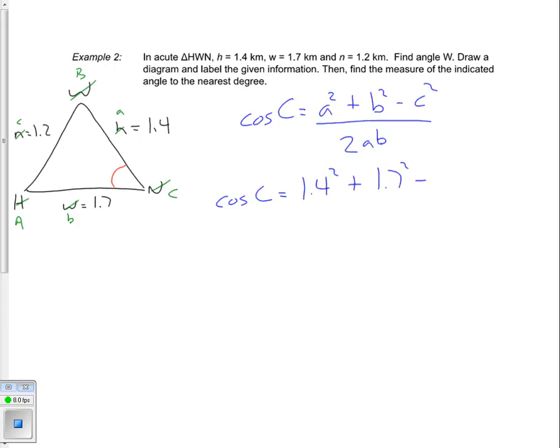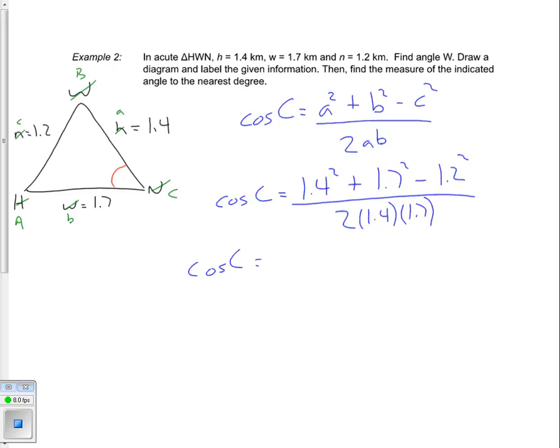And we're subtracting C, which is 1.2, which is also being squared. And that's being divided by 2 times A, which is 1.4, times B, which is 1.7. Now we're going to simplify this. We're going to figure out what the top is equal to, and what the bottom is equal to.